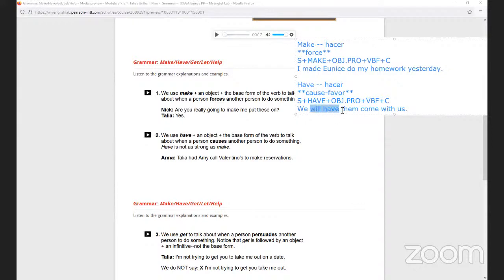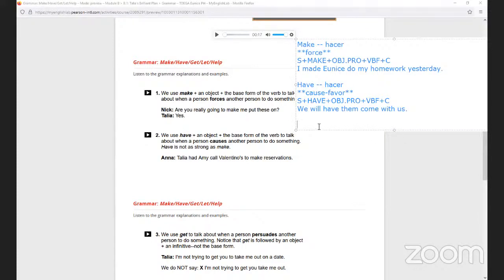Nosotros haremos que ellos vengan con nosotros, but it is not obligating. It is not forcing somebody else. It is like asking a favor or maybe for a cause, a reason. Okay, this is different from make.